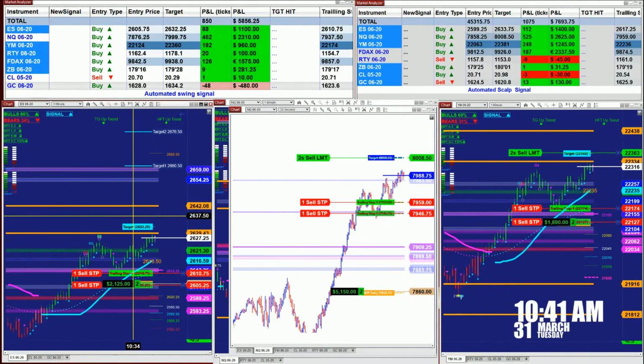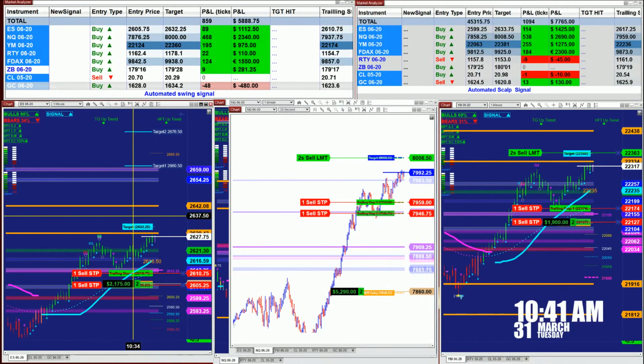If we are crossing these lines here, I'm expecting by 12 o'clock we are at the 2654 level, and we will see.